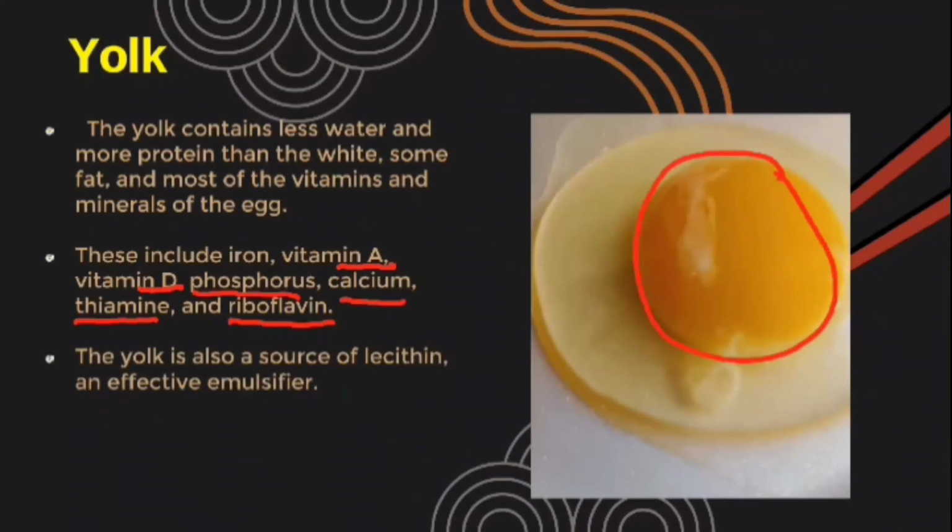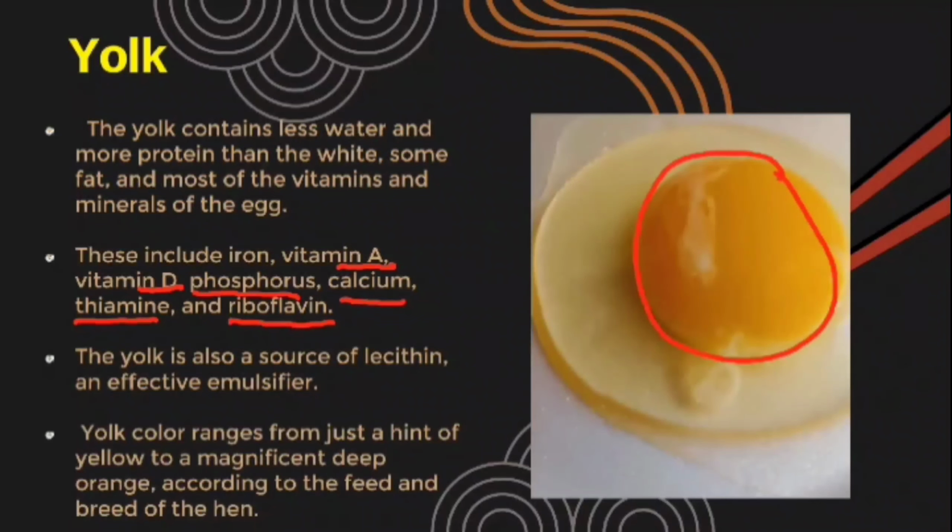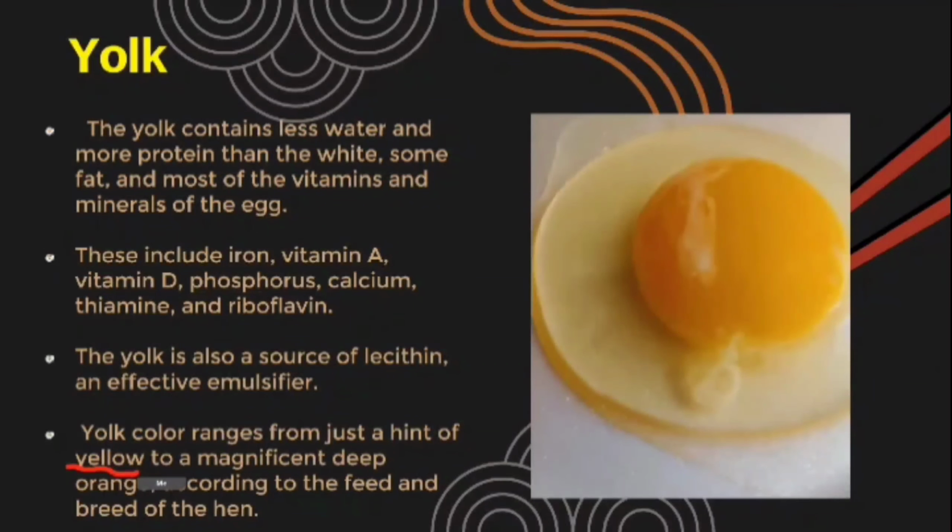The yolk is also the source of lecithin, an effective emulsifier. Okay, ito pa. Fun fact tungkol sa yolk. Yolk color ranges from just a hint of yellow to a magnificent deep orange. So, pwede daw na light yellow lang yung yolk or dark orange.